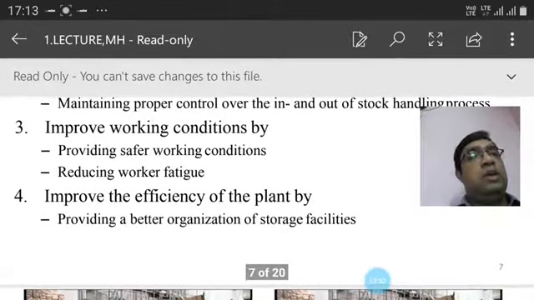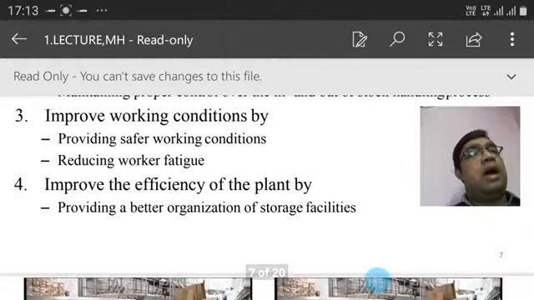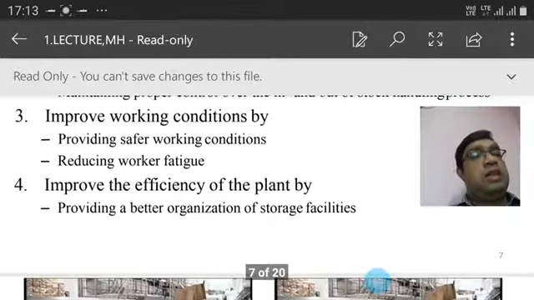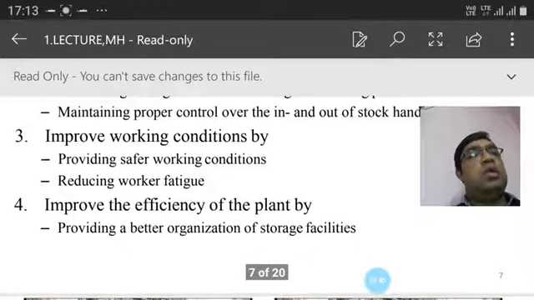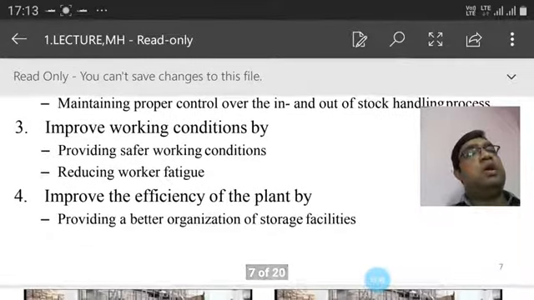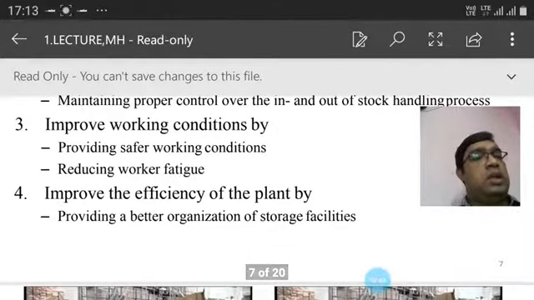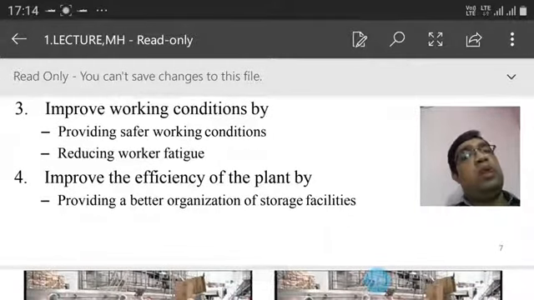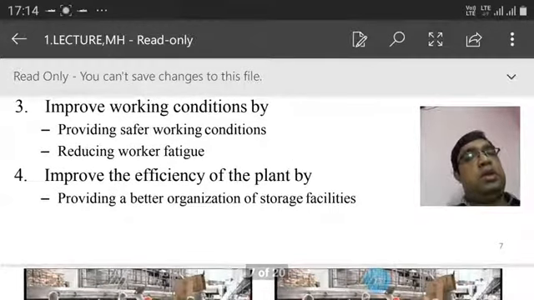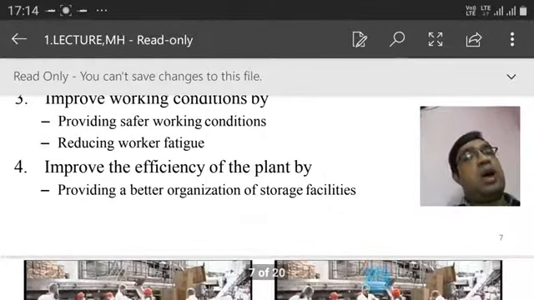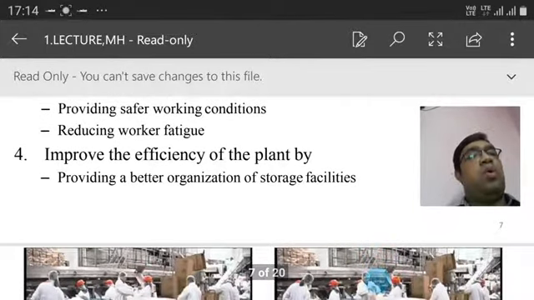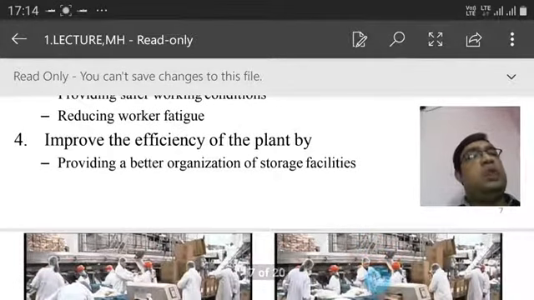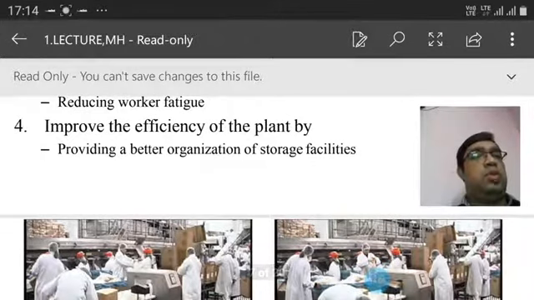Then you require good materials handling procedures, providing safer working conditions and reducing worker fatigue.